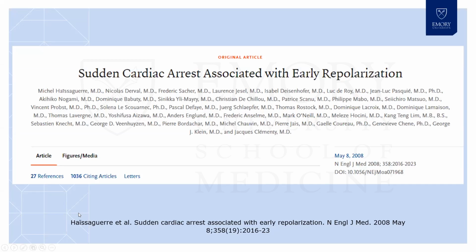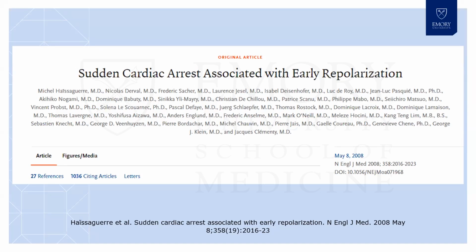For most of the time, even today in most EKG software, when you're clicking early repolarization, it still says benign early repolarization, because it was thought to be a benign finding. As we'll see later, younger people have it more.